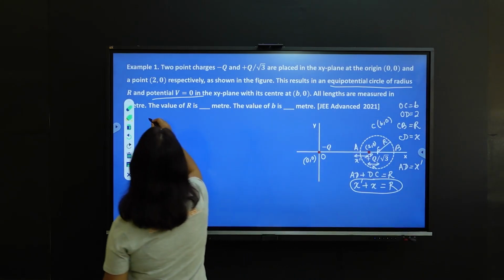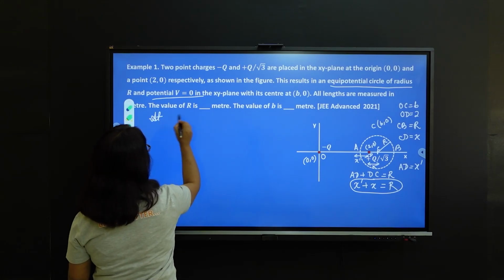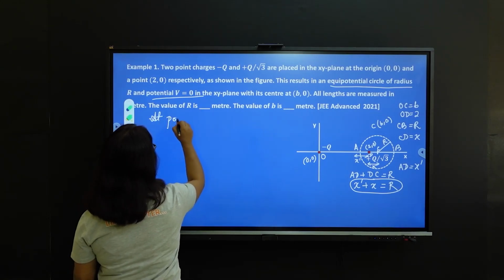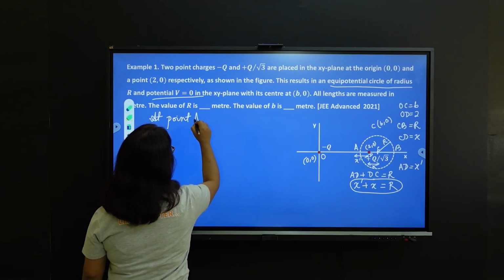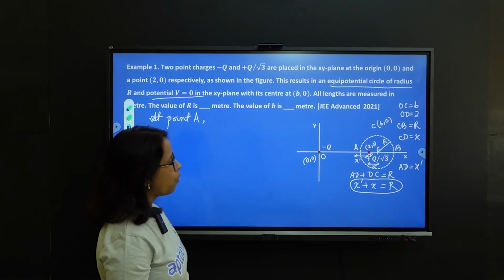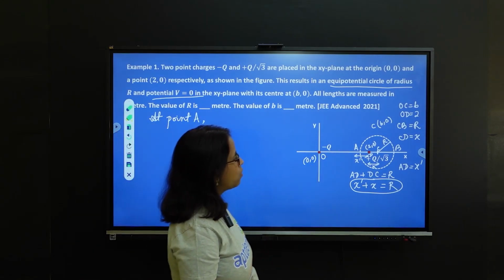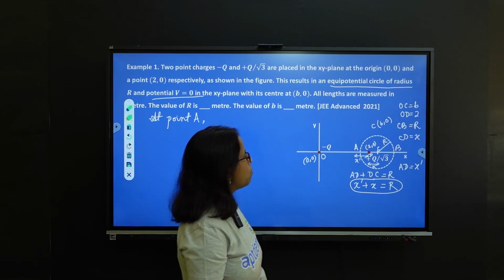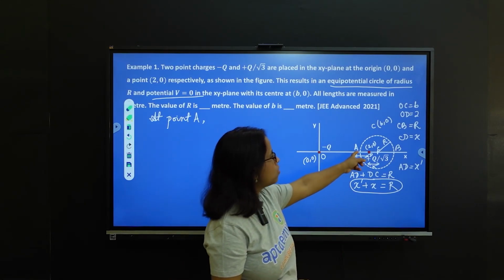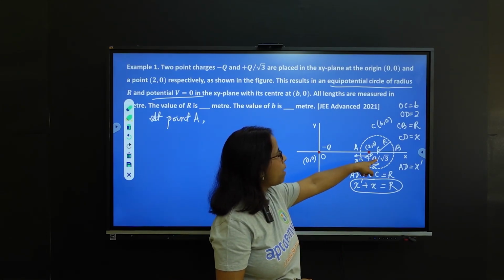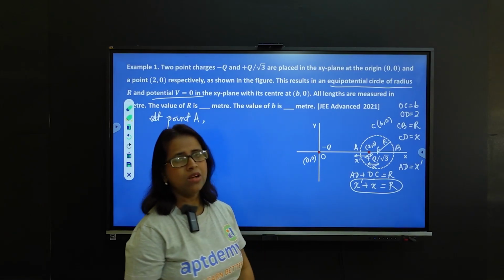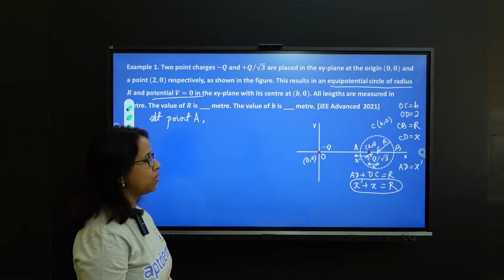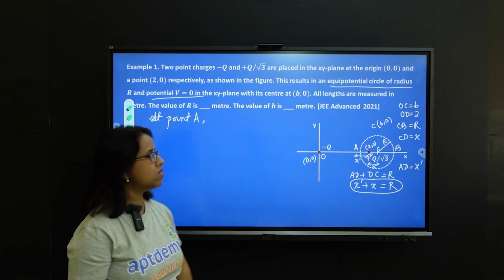We are trying to find out the potential at the point A. Potential at point A can be calculated as a sum of the potential at A due to the charge minus q and also due to the charge q by root 3 at D. So, the sum of these two potentials should equate to 0.